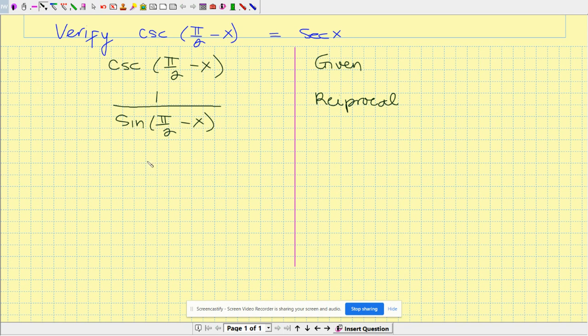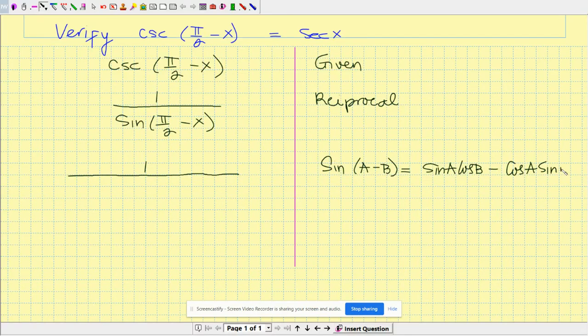Now next, we are going to use the difference formula for sine. So I'm going to make a quick note right here. We know sine of A minus B will equal sine A cosine B minus cosine A sine B. So in this case, our angle A will be pi over 2.